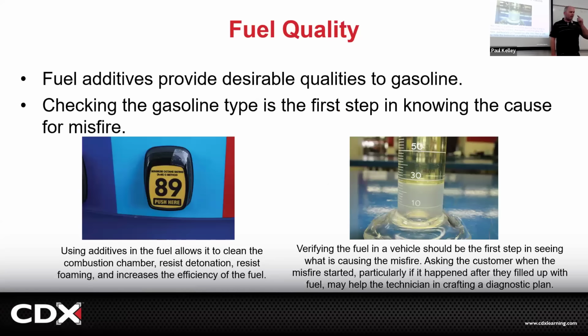Now, if we were to look at gas, this gasoline could be different than this gasoline. So 87 octane is just the measurement of the octane rating, and that's it.